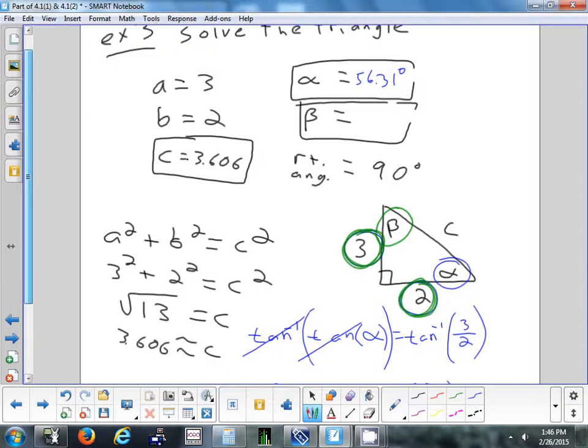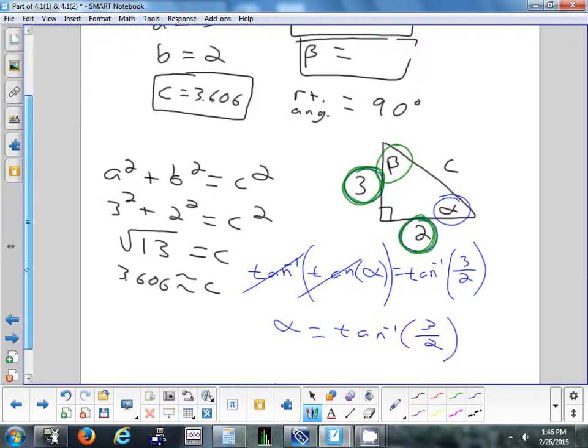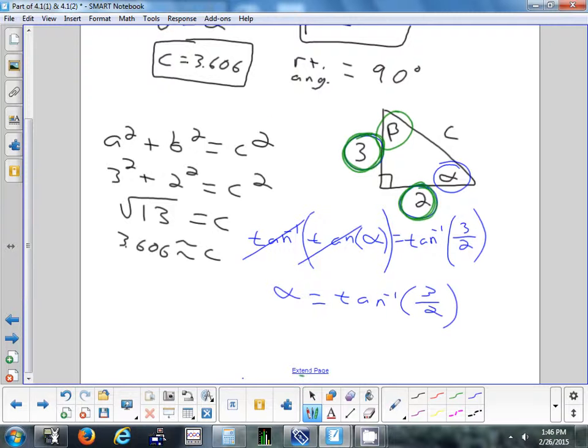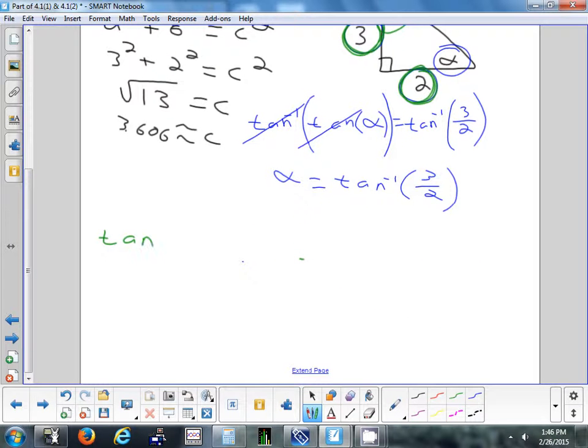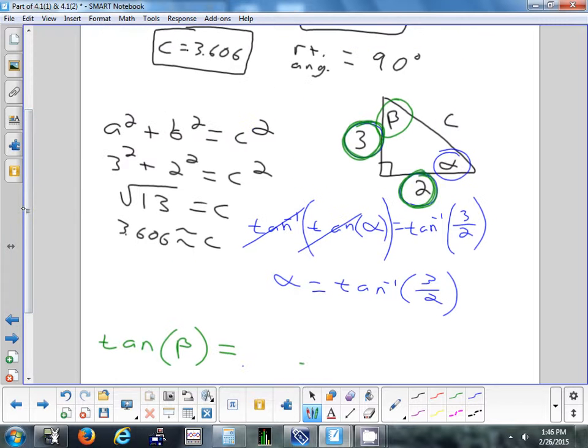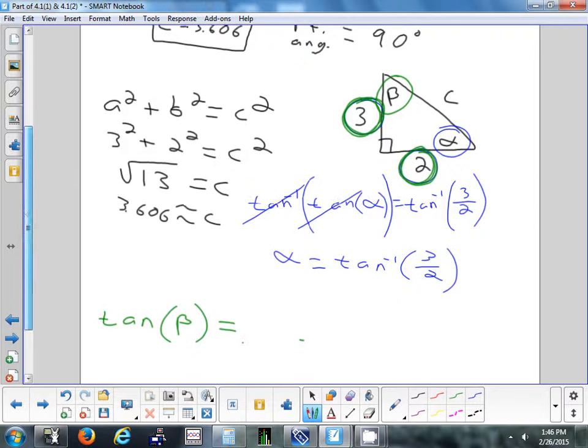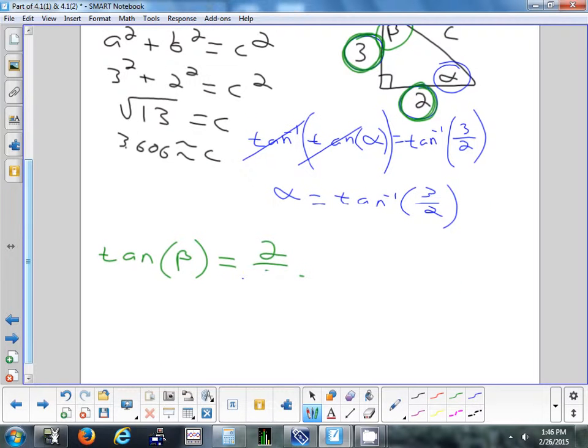Now, 2 is opposite, and 3 is adjacent. Right, so tangent of beta equals opposite over adjacent, 2/3. I'm going to do the same thing I did last time. Take the inverse tangent of each side.